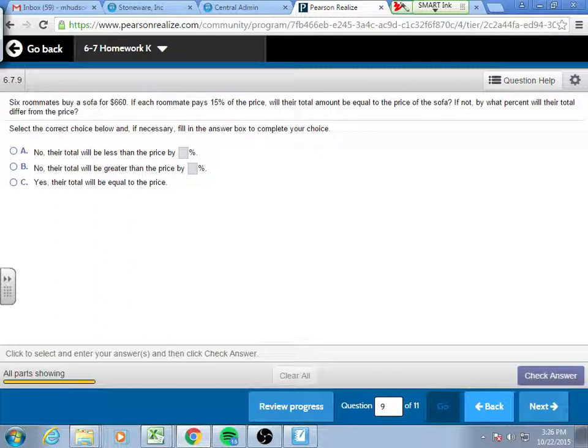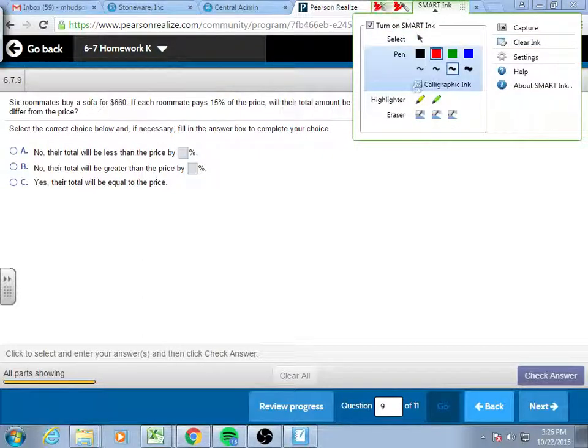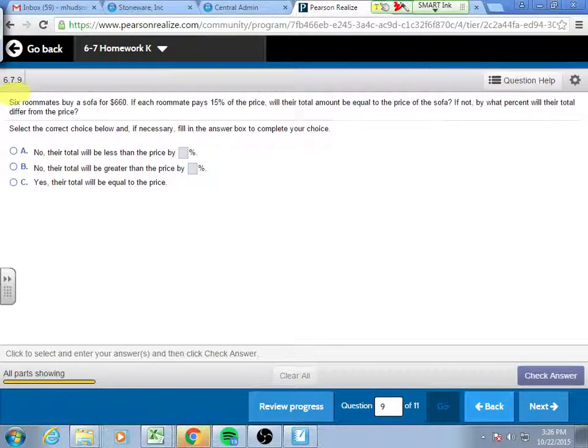6 roommates buy a sofa for $660. Each roommate pays 15% of the price. So we have 6 roommates all paying 15% of the price. So to find the total percent, we can do 6 times 16.